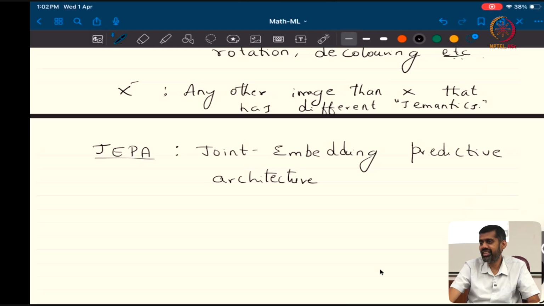So here the idea is you do contrastive learning by entirely eliminating the need for negative samples. Okay, because negative samples create such an issue, right. So you try to eliminate the negative samples entirely. How do you do that is the question.